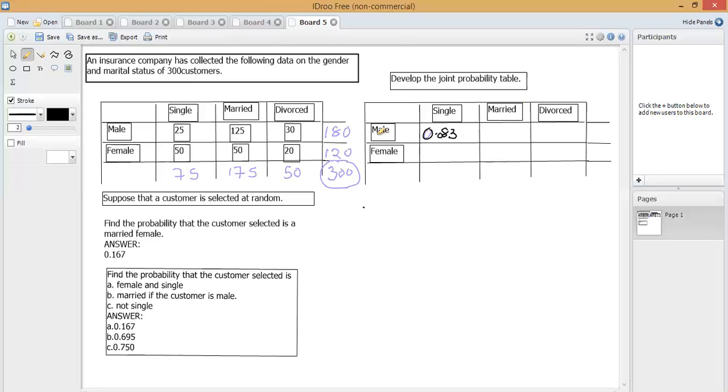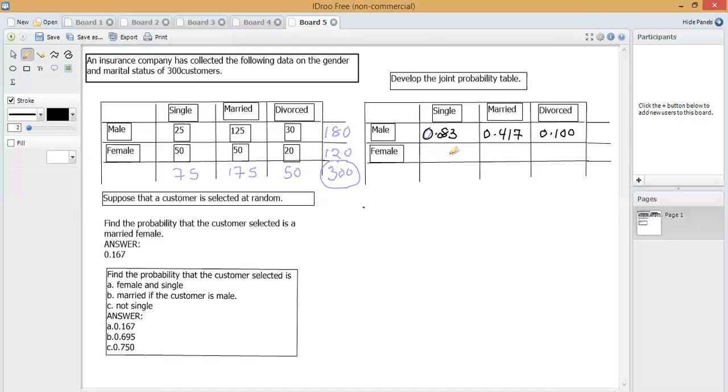The relation between male and married is going to be 125 over 300, which gives us 0.417. Now we come to divorced and male. That's going to be 30 over 300, which is 0.100. Now I come to female and single.